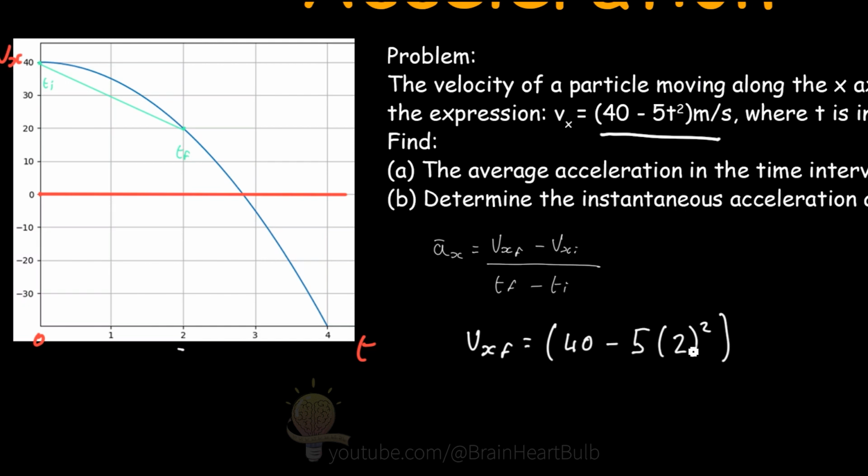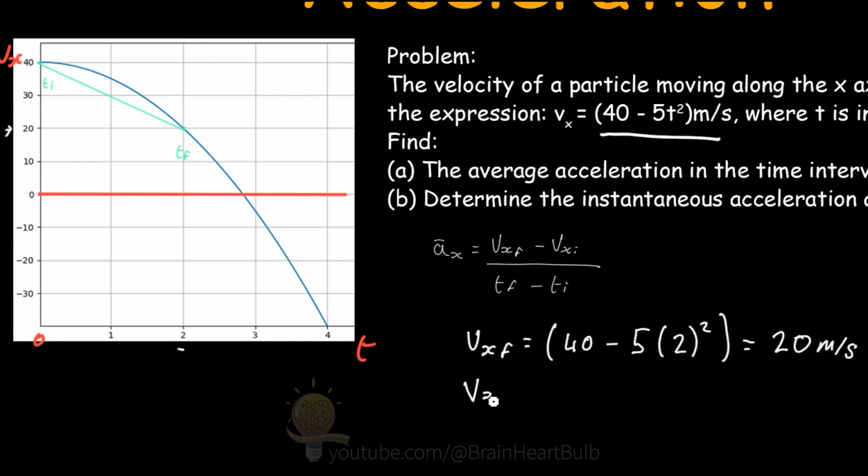So 2 squared is 4, times 5 is 20, 40 minus 20 is equal to 20 meters per second, which we can see from the graph here. So we can either read off the graph or we can do it mathematically.